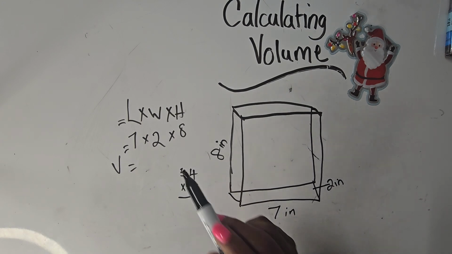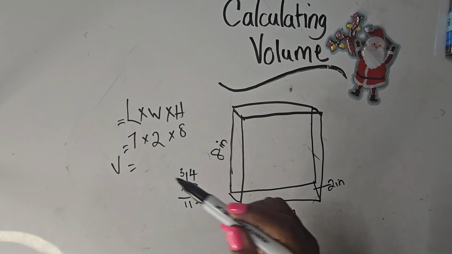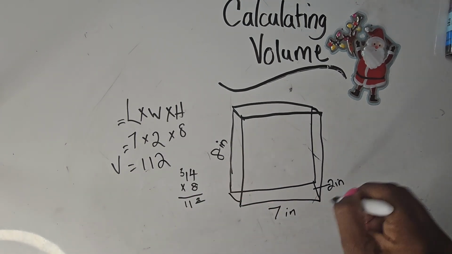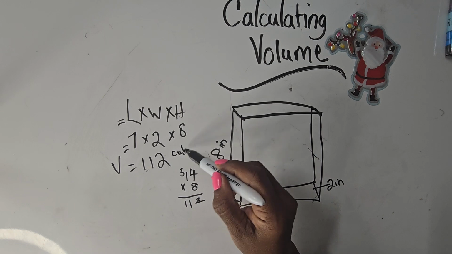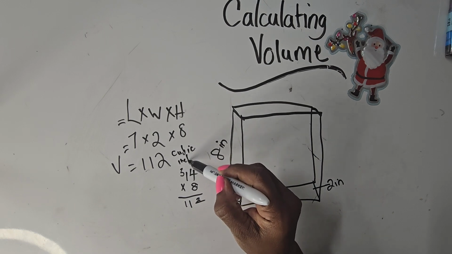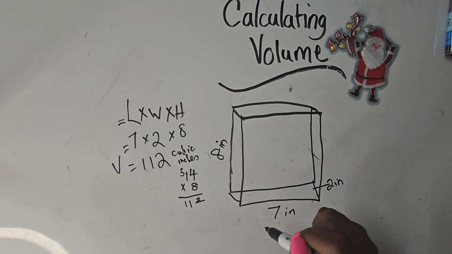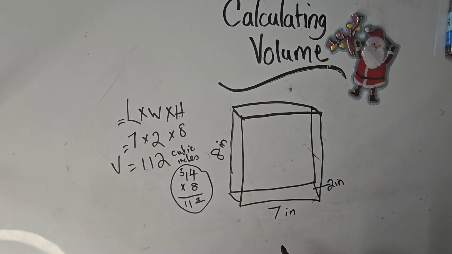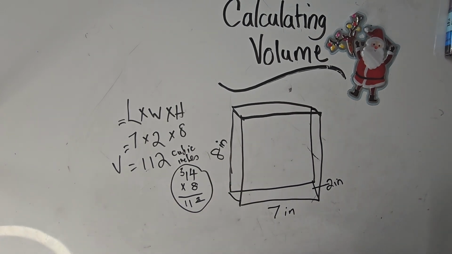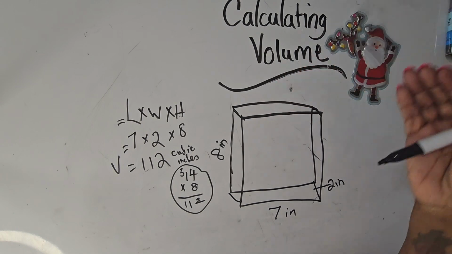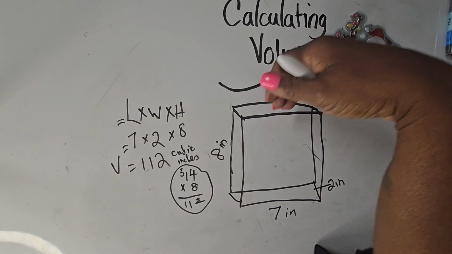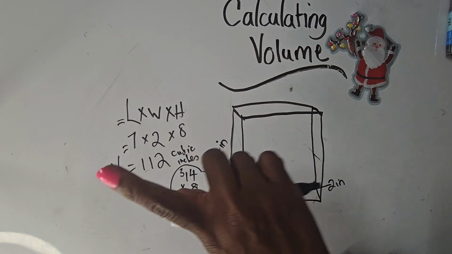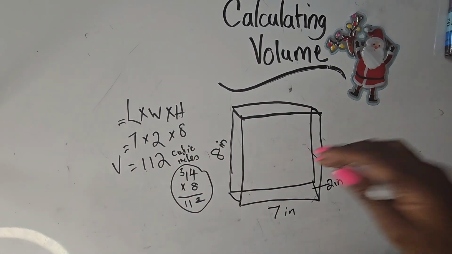Plus 3 is 11. So 112. I'm using the units, cubic inches. Okay, don't make any mistakes with your calculations. That's always possible. So the volume, the space inside this rectangular box shape is 112 cubic inches.